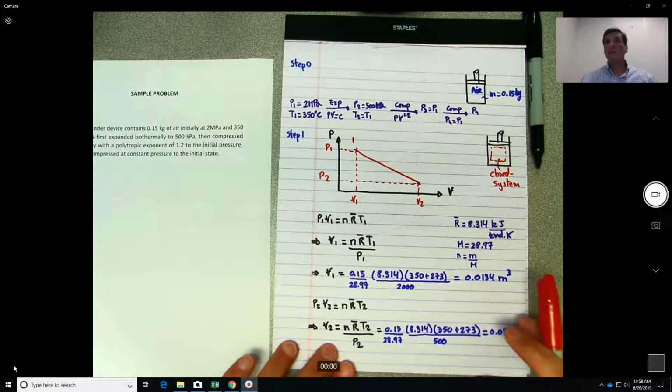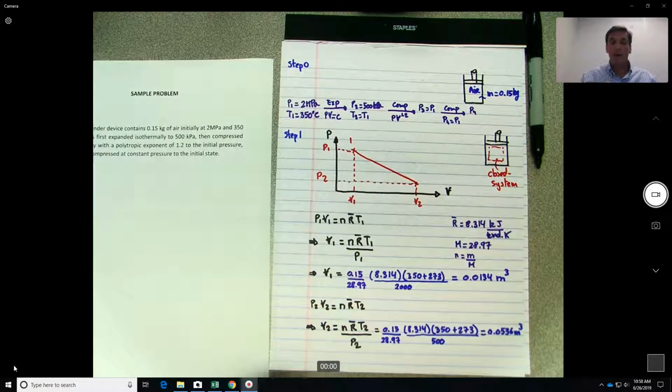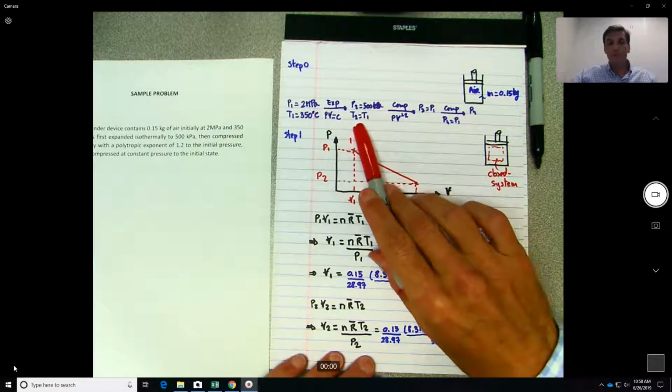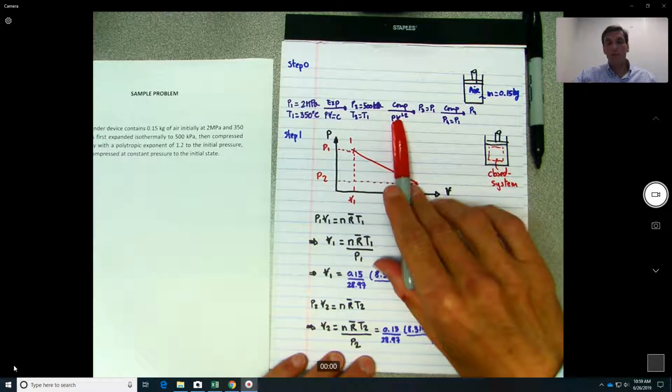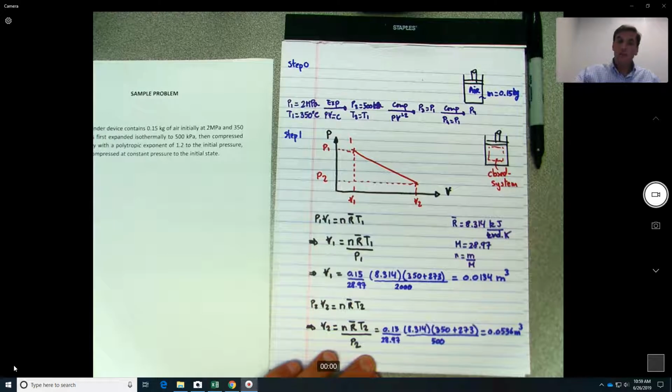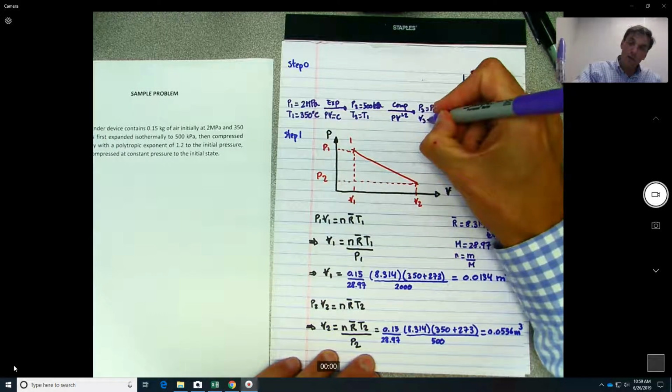Okay, so now that we made it this far, we need to see what happened for processes 2 and 3. Again, we know it's a compression. We know P3 will be equal to 2 megapascals. We know it's a polytropic process, so maybe we can find what V3 would be.